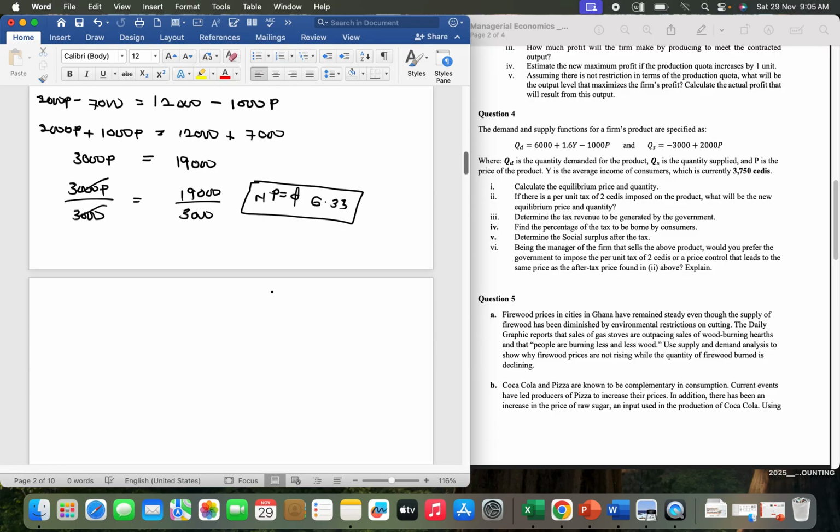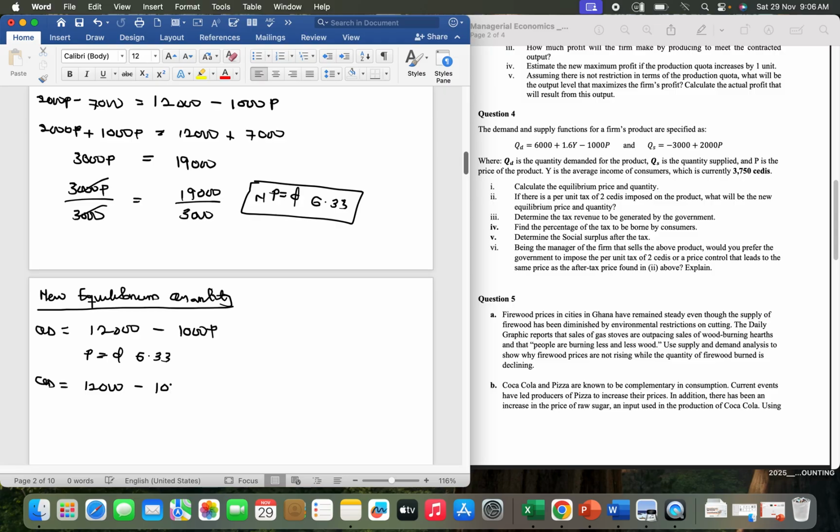So let's find the new equilibrium quantity. You can use either the demand or the supply function. I'm using the demand function. So QD was 12,000 minus 1000P, where the P we just solved was 6.33.